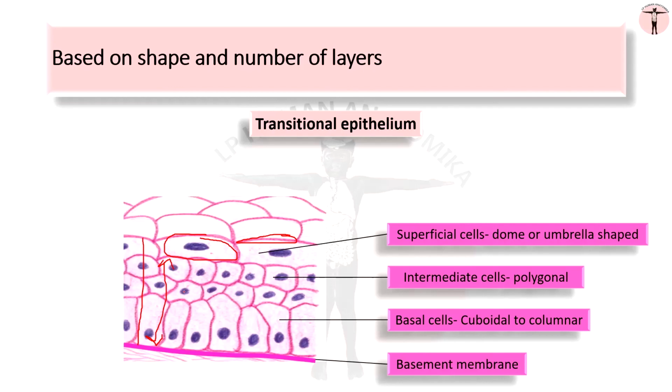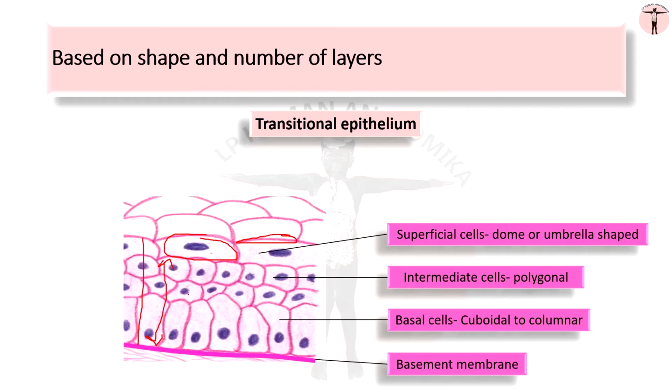So in relaxed state, just remember, the superficial cells are larger and they are dome shaped or umbrella shaped. In the stretched state, when the bladder is filled, the superficial cells become thin and flattened.